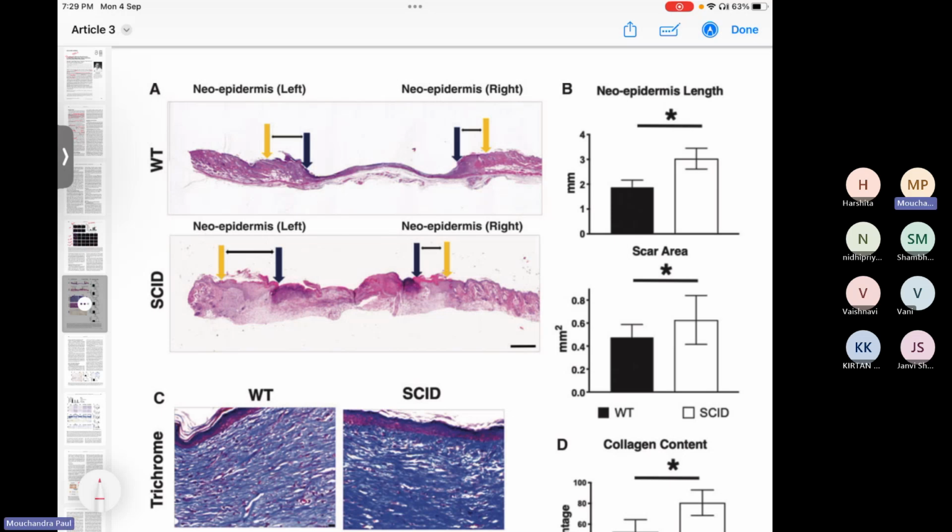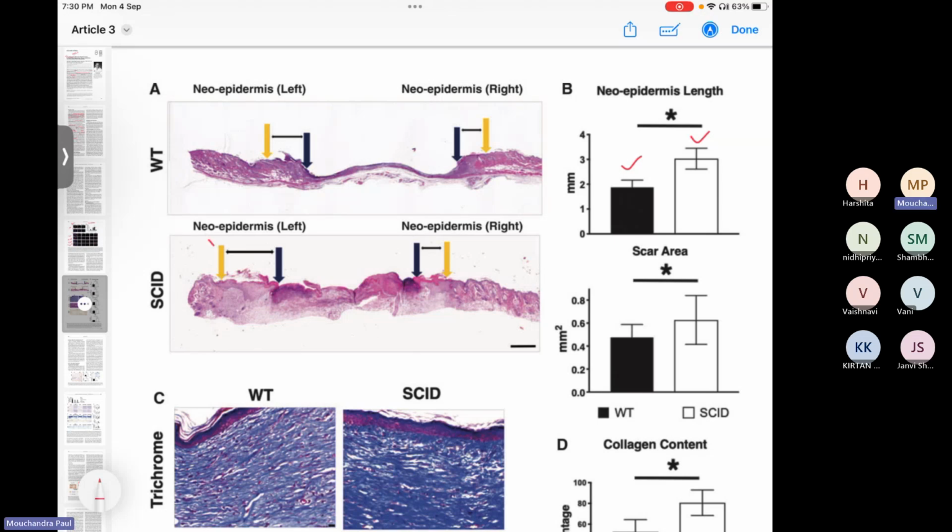So in the wild type mice, they observed the formation of new epidermis, to what length, not area, to what is the length of newly formed epidermis. So in wild type mice, it is lesser, whereas in the skid mice, the immunodeficient mice without lymphocytes, the length of newly formed epidermis is larger.